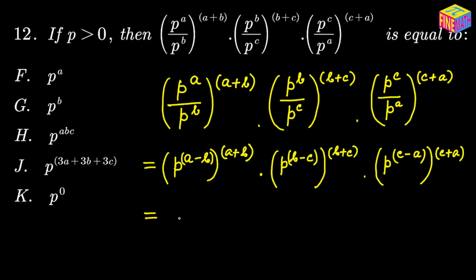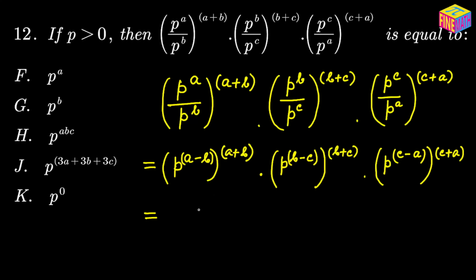Now from here let's try to eliminate the big parenthesis. We can say the first factor must be p to the power (a minus b) times (a plus b), because we know this property of exponents that says if I have a to the power m whole to the power n, then we can write it as a to the power m times n, and I'm going to use the same property to simplify this expression.